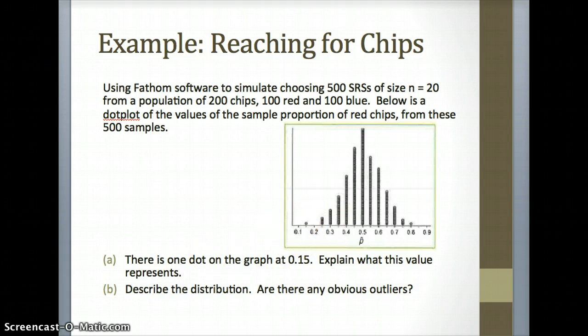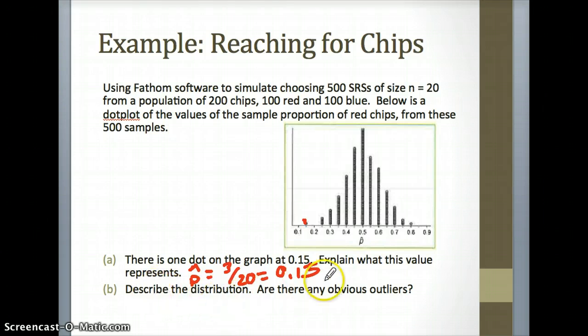There is one dot here at 0.15. We're going to explain what this value would represent. So in one SRS of 20 chips, there were 3 out of 20. So you're talking about a proportion of 3 out of 20, which is 0.15 for your proportion for just that one single sample.